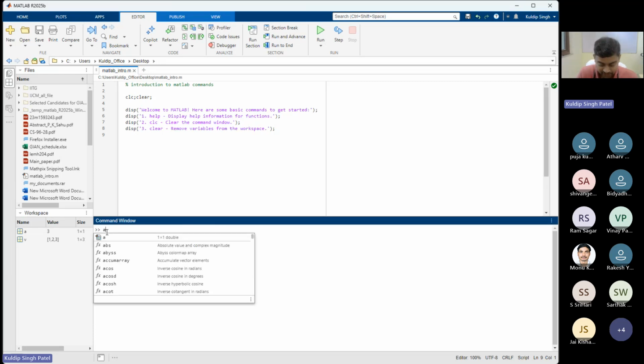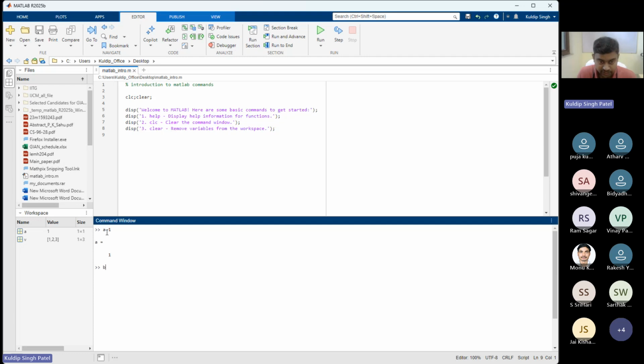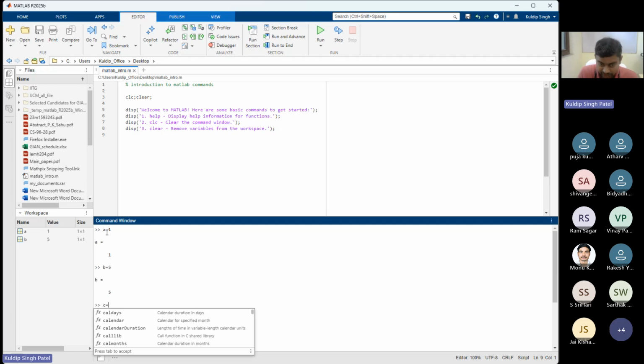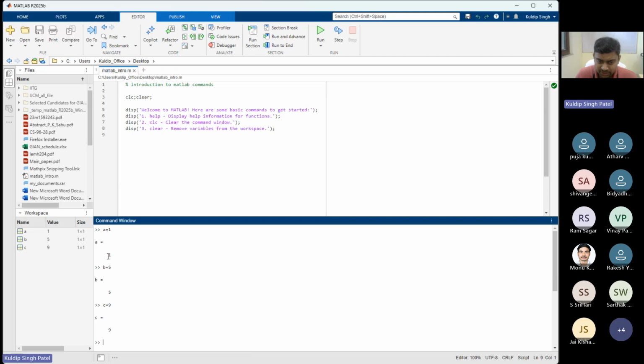See, you write here anything, a equals 1, b equals 5, c equals 9, but now you see that, oh, so many things. So you want to clear the command window. So what will you do? CLC. That's it. So it will clear the command window.